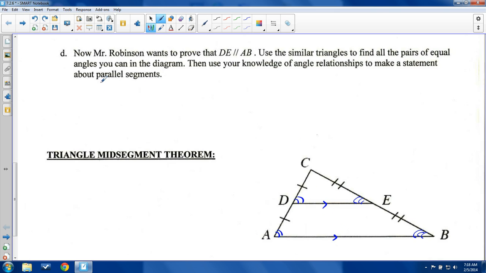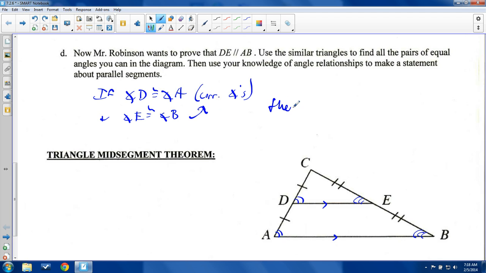My statement: if angle D is congruent to angle A, they are corresponding angles, and angle E is congruent to angle B for the same reason, then those lines DE and AB are parallel. Okay?